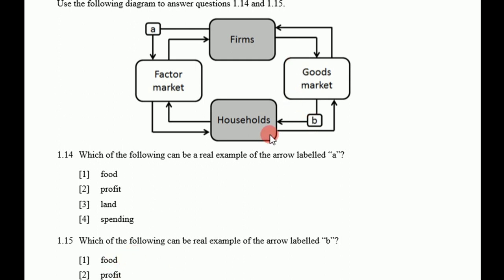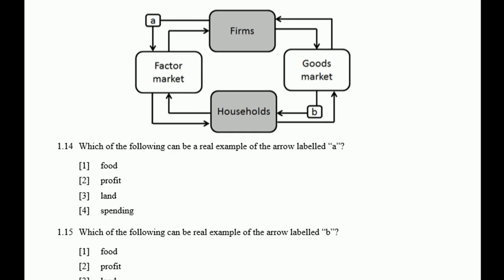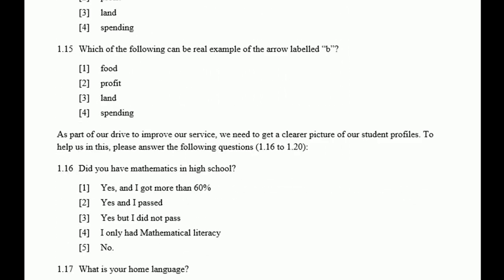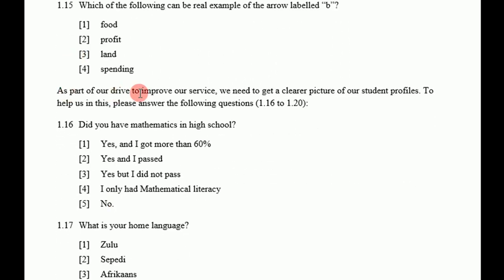If it was going from households, then we could say spending. But in this case, it's households buying food from firms. As part of this, I think we all know that. I think the game is done now.